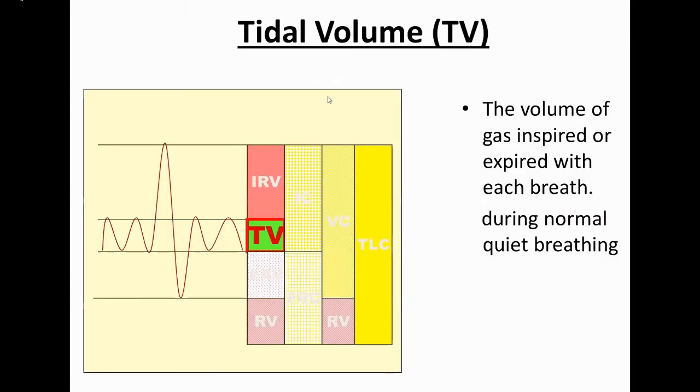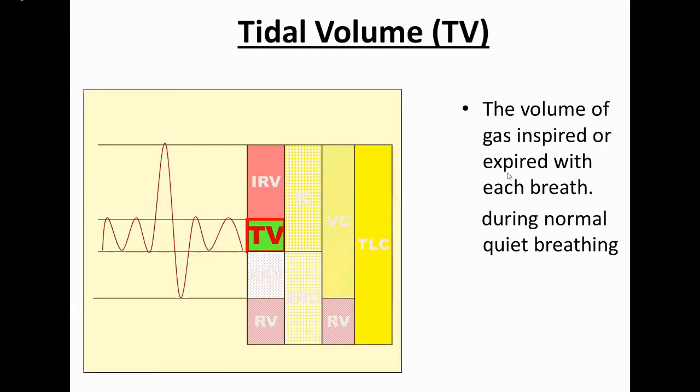So what is tidal volume? Tidal volume is the volume of gas inspired or expired with each breath. That means the tidal volume tells you about the amount of air which a person can take in and give out during normal quiet breathing. It is a very important parameter.